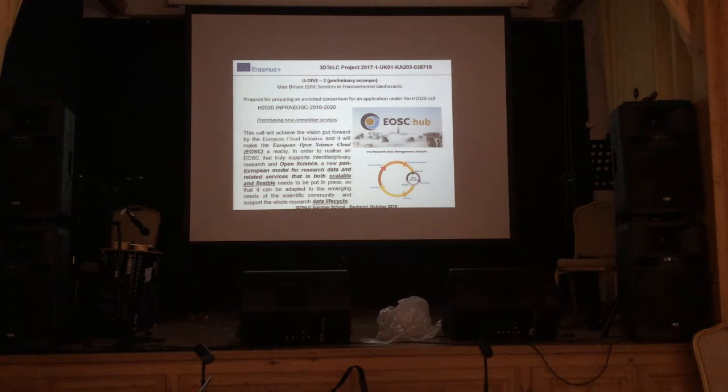So for this reason, the European community created a project called the EOSC Hub, a sort of common platform with some points of access, like a hub, with different kinds of science.